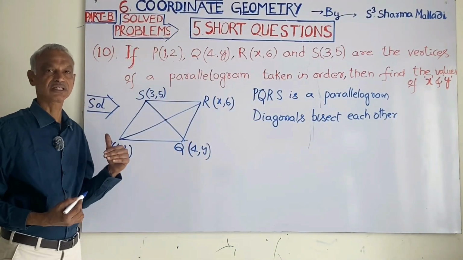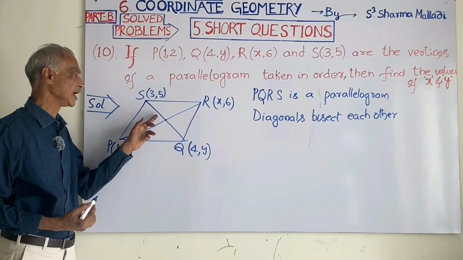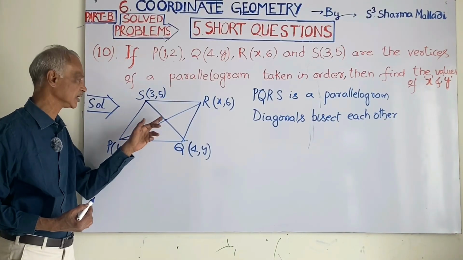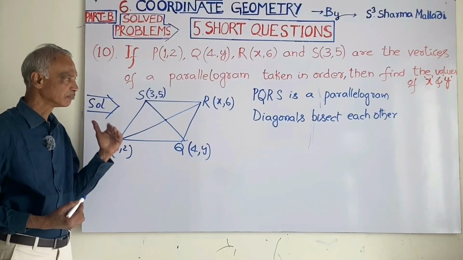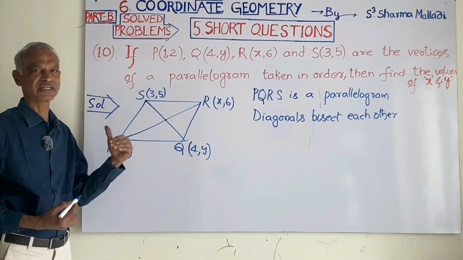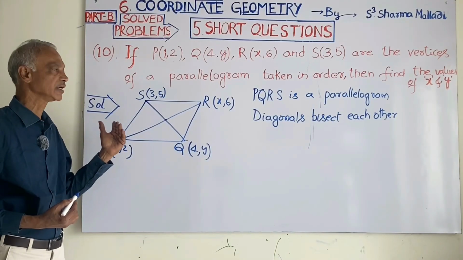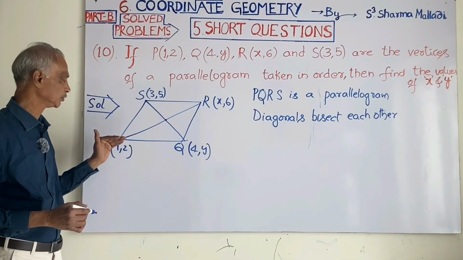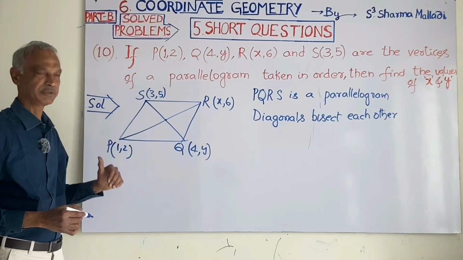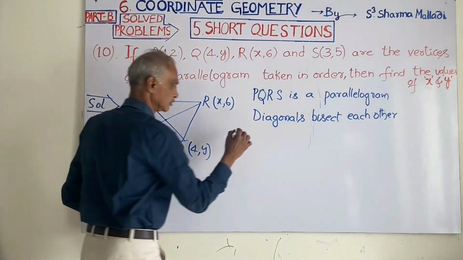If diagonals bisect perpendicularly, the angle between the two diagonals will be 90 degrees. But in a parallelogram, diagonals bisect each other means the midpoints are equal. We have to show the midpoint of PR should be equal to the midpoint of SQ.